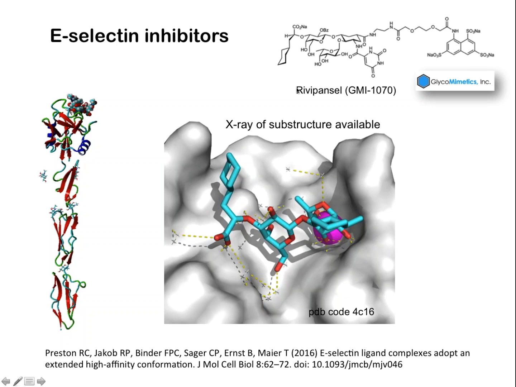I would be very curious to see that compound docked into E-selectin, but unfortunately there's no crystal structure available. What is available is a substructure, and you can see here how it binds.